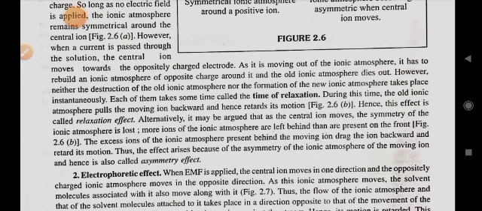It has to rebuild an ionic atmosphere of opposite charge around it, and the old ionic atmosphere dies out. However, neither the destruction of the old ionic atmosphere nor the formation of the new ionic atmosphere takes place instantaneously. Each of them takes some time, called the time of relaxation. During this time, the old ionic atmosphere pulls the moving ion backward, hence retards its motion. Hence, this effect is called relaxation effect.